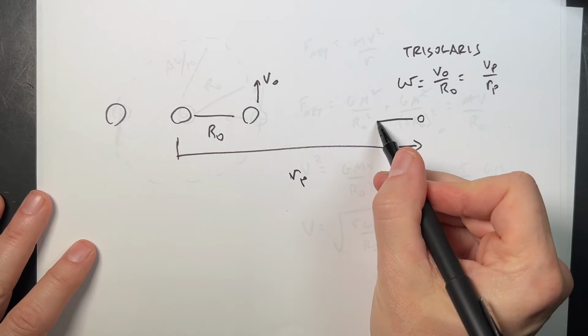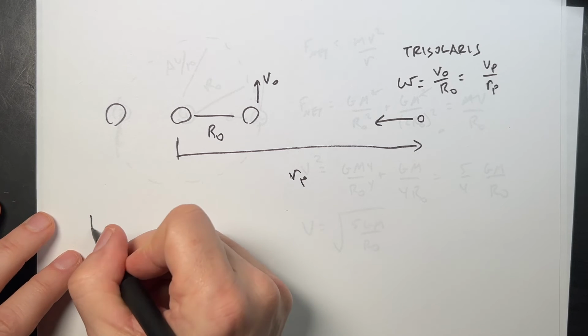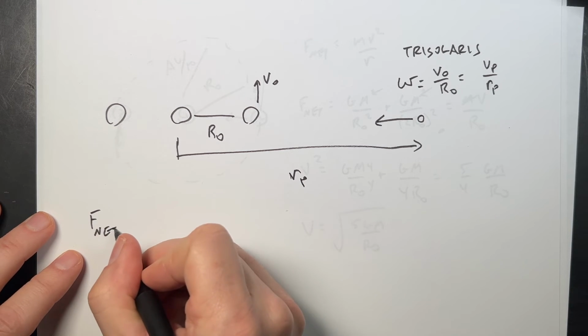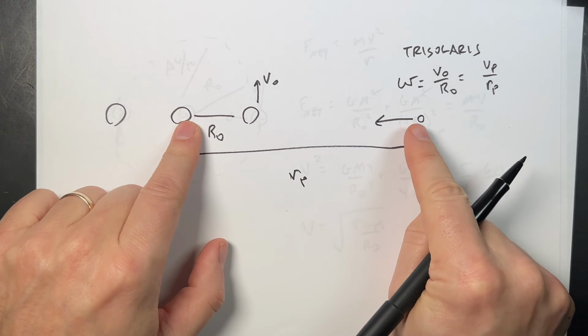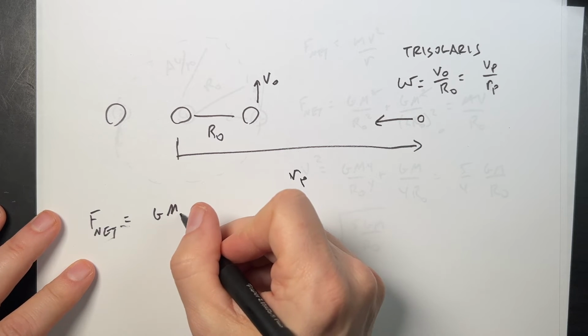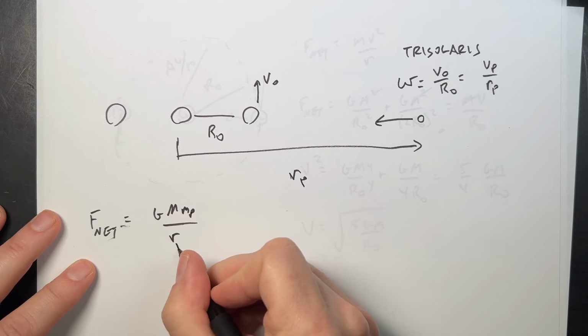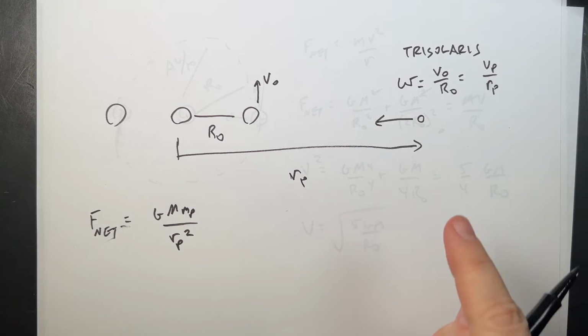Now, there are 3 gravitational forces pulling this way, right? So let's calculate the net force on the planet. It's going to be equal to this force, which is G, mass of the star, mass of the planet, over RP squared. Right, that's just the distance.